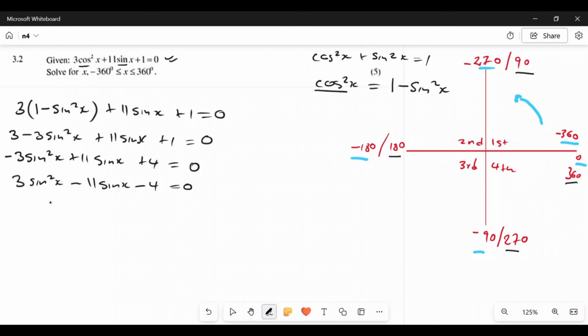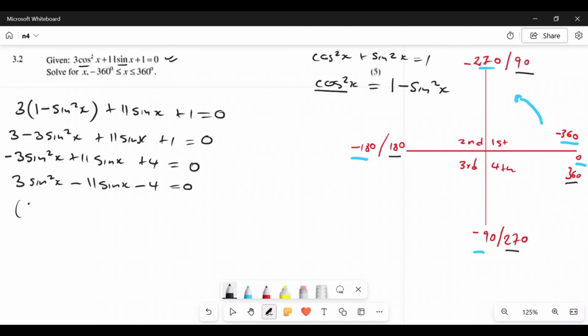As you can see, this now is our trinomial. Now we are able to factorize this. We need to find the factors of 3 sine squared x that, when we subtract, are going to give us negative 11. And the factors of negative 4 that, when we subtract, are going to give us 11. So let's start.